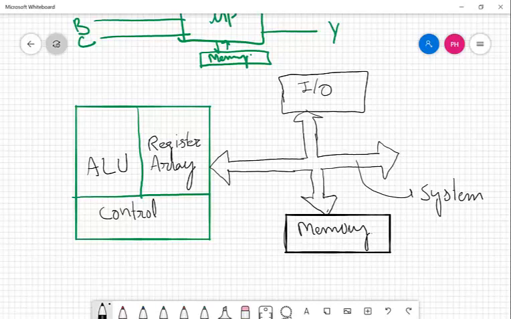Now I will try to explain what the ALU, the register array, and the control unit are. The ALU is that area of the microprocessor where actual computing is performed.